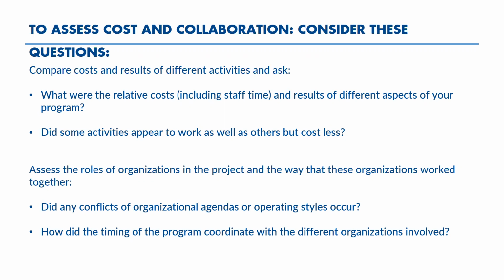Assess the roles of organizations in the project and the way that these organizations work together. So this is what we touched on in the previous slide, and this relates to how well the different partners work together, and really doing some assessment, preferably with the partners in the room. I think this is the better way of doing it, and asking the following questions. Did any conflicts of organizational agendas or operating styles, conflicts of interest occur?